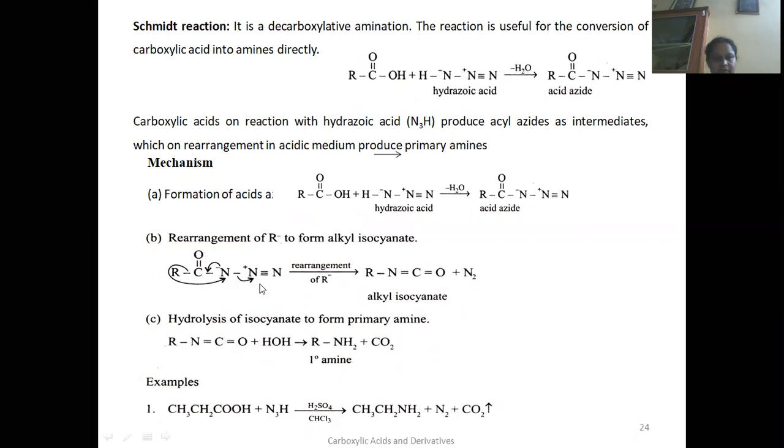Just practice this, write it at least 3 times and try to see the shift of these arrows, how the electrons are shifted, and also try to understand these charges, how these charges are indicated on these atoms, why these charges are indicated here and how they are shifted.